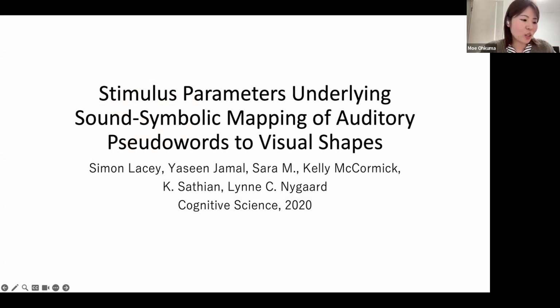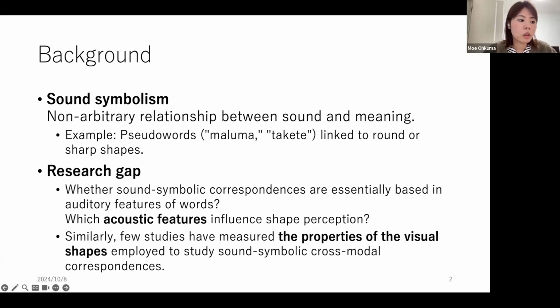Thank you for attending and giving me the chance. Today, I will present this paper, and I'd like to start with the background. Firstly, sound symbolism refers to the meaningful relationship between a word's sound and its meaning.